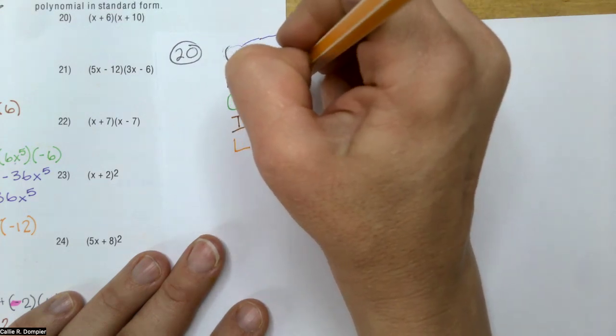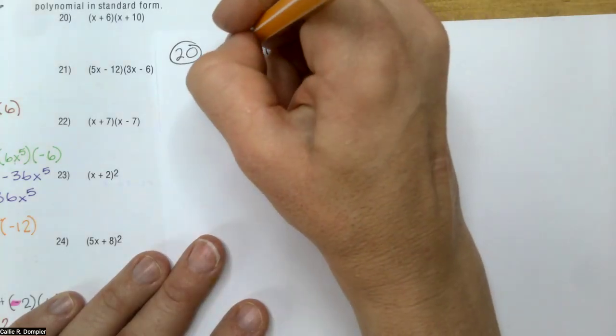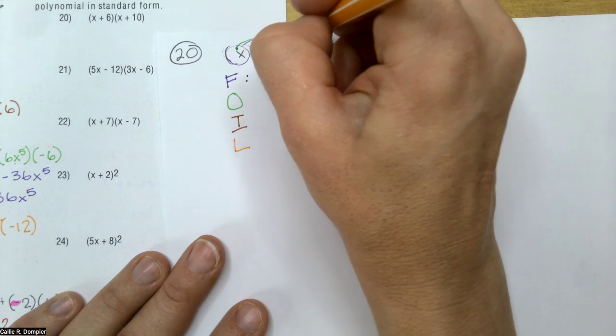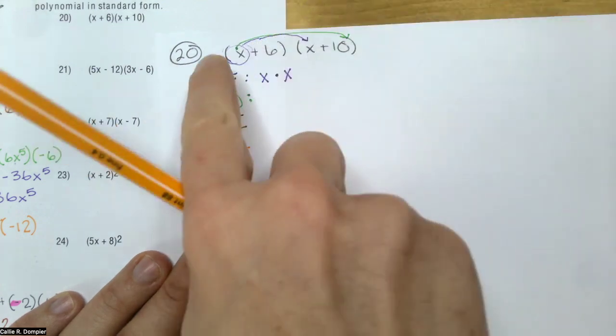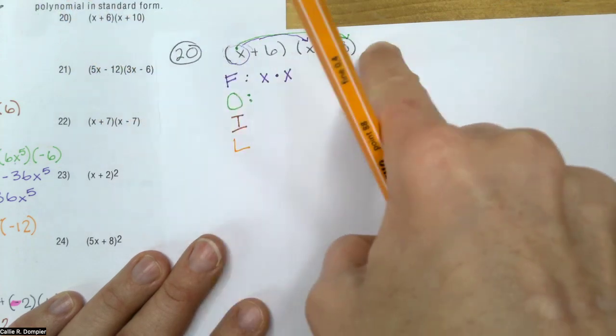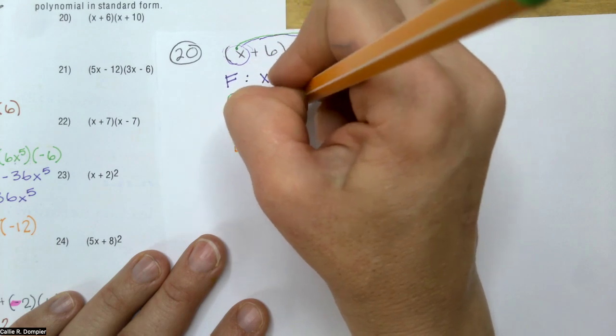X times x. O stands for outside because we're going to take that first term by that second term. The two outside terms. This is outside to the left, outside to the right, right? So that'll be x times 10.